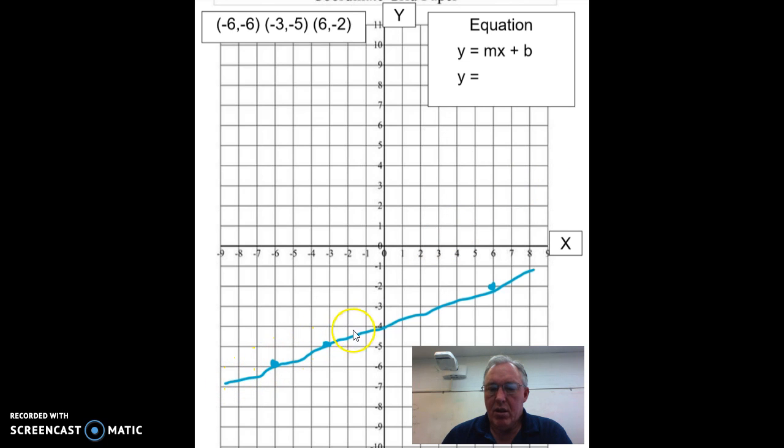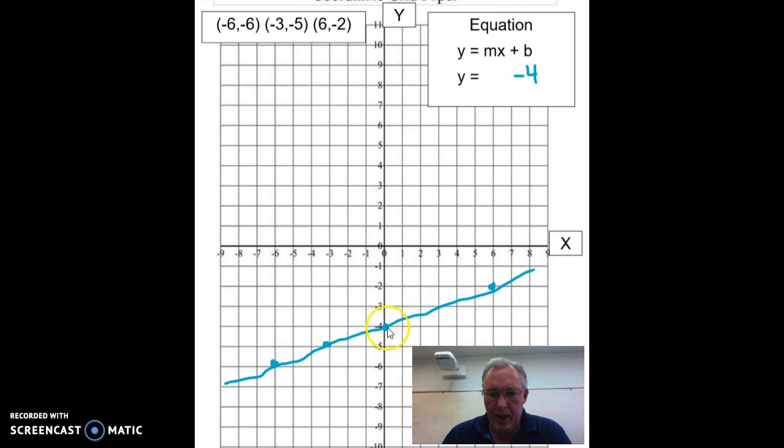When we look at our line, what number does this line run through on the y-axis? We know up here is positive, this is negative, and we can see right here at that particular point, I can actually put a point right there, and we can see that it's -4. So I'm going to go ahead and write in -4.